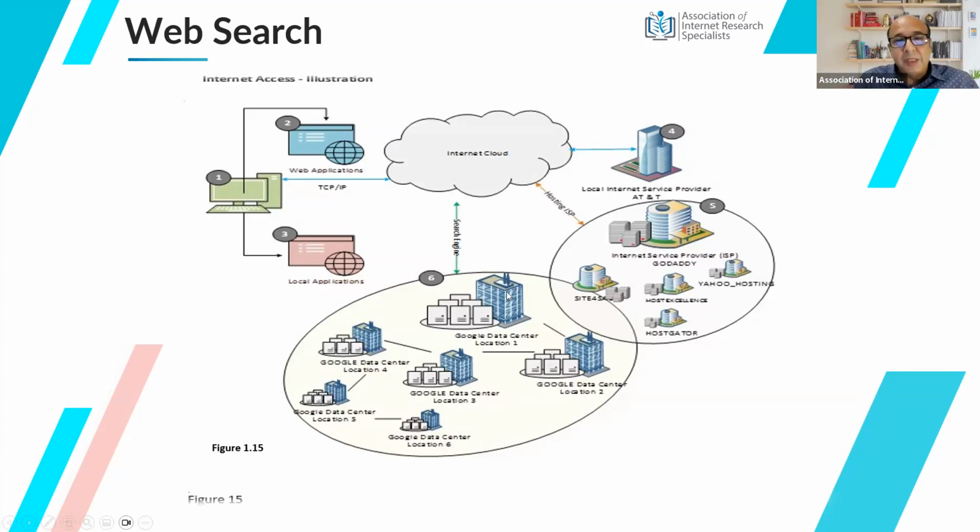Then we've got the sixth segment right here, which we call the search engine environment, or what we call data center environments, that has a lot of hardware and software connected through the network, but it's exclusive to the branding, such as Google, for instance. It would have its own data centers.